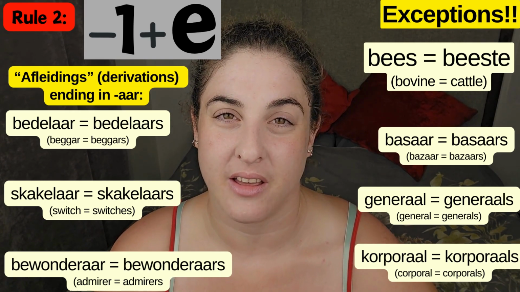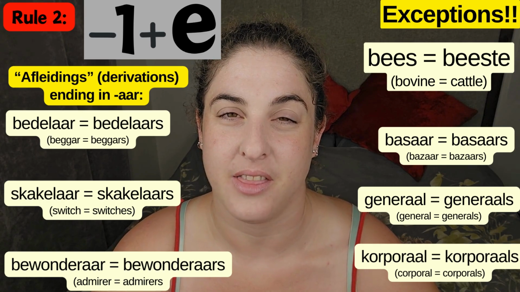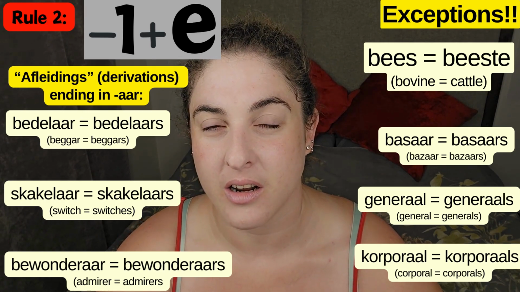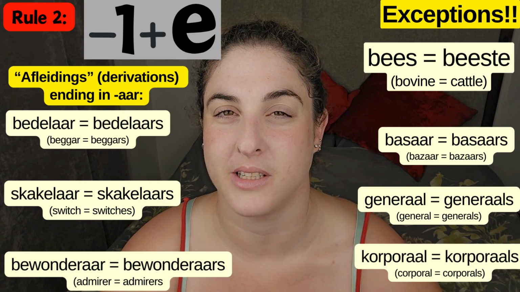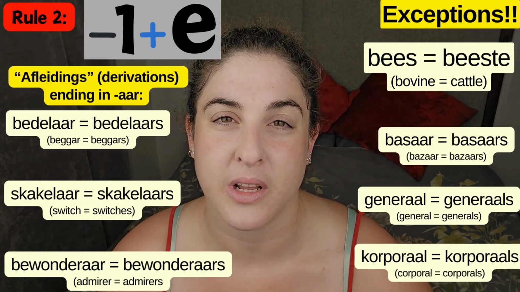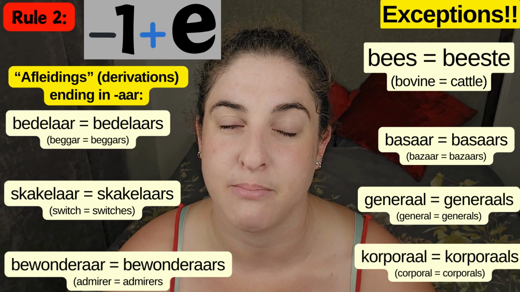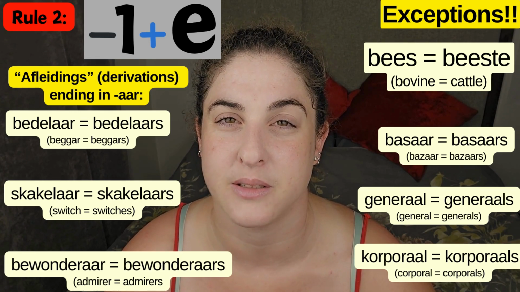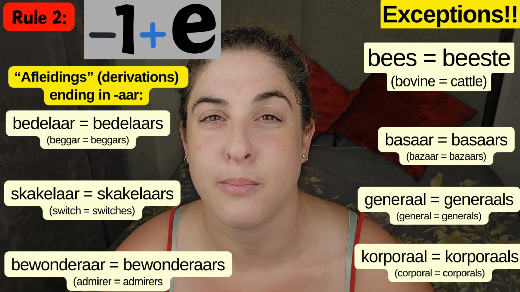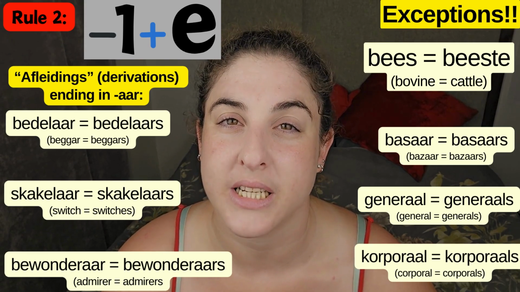Now the base word again there is skakel, and then skakelaar is formed, and the plural is skakelaars. Last one is bewonderaar, which is admirer, and the plural is bewonderaars, and the base word there is bewonder.